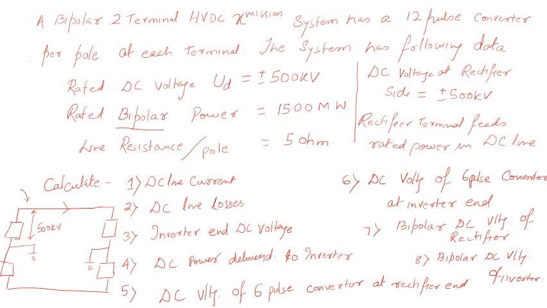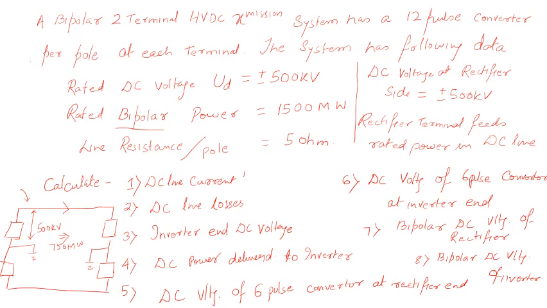So half of the power of bipolar, that is 1500, is 750 megawatt. So 750 megawatt is the power flowing from one end to another from the monopolar side. Now if you calculate the current, you will get ID.